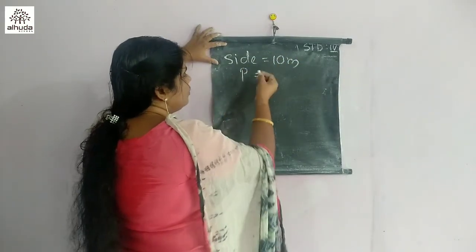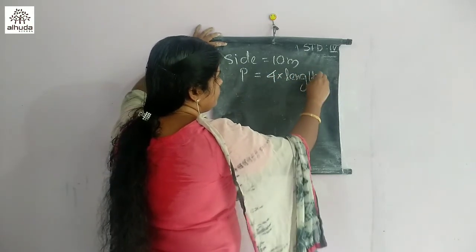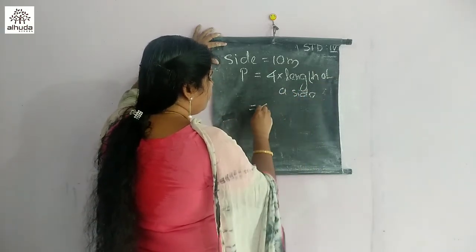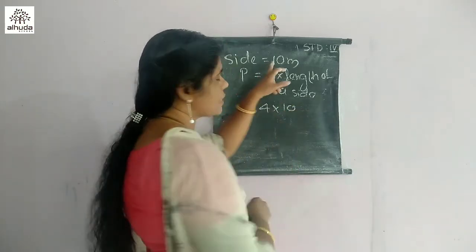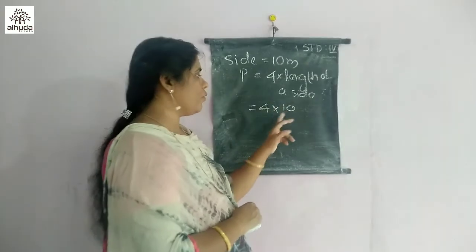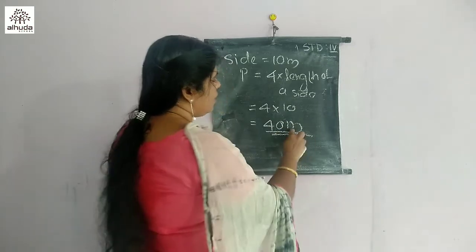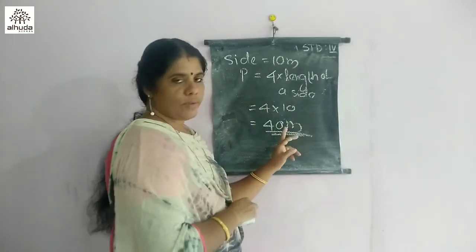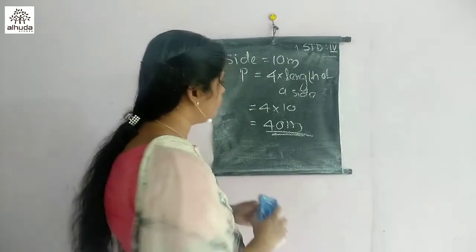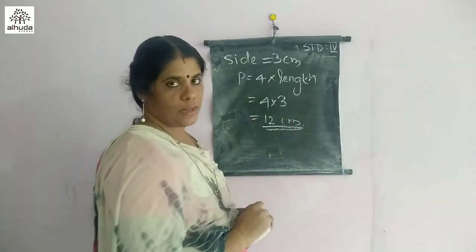Perimeter of a square is equal to 4 into length of a side, is equal to 4 into 10. 10 is given here, the length of one side. So apply that in this equation. 4 into 10 is equal to 40 meter. Whatever unit is given here, the same unit will come in the answer. 40 meter. Next example. Side given as 3 centimeter.